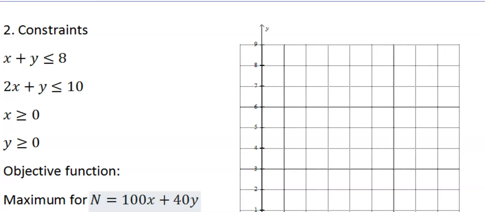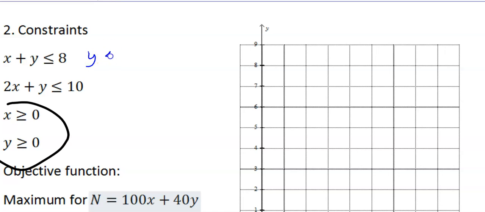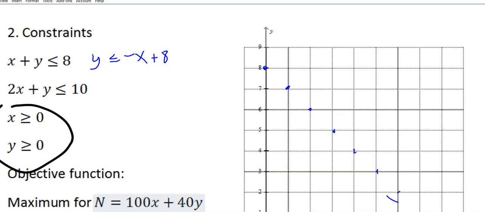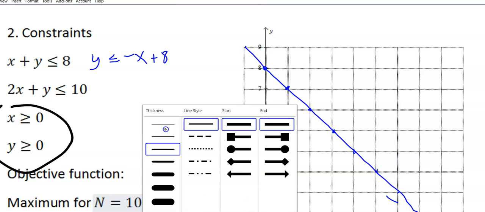This one, again, we start with restrictions. This basically says first quadrant. Solve each of these other inequalities for y. This one would be y is less than or equal to negative x plus 8, so a slope of -1 here. And let's do this one.